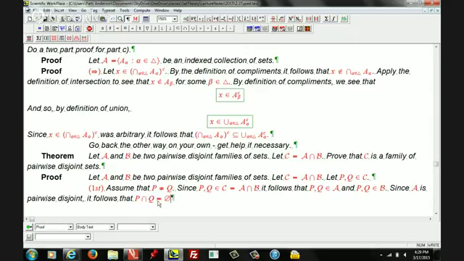That's our definition. That's the first way. Let's look at the second way.